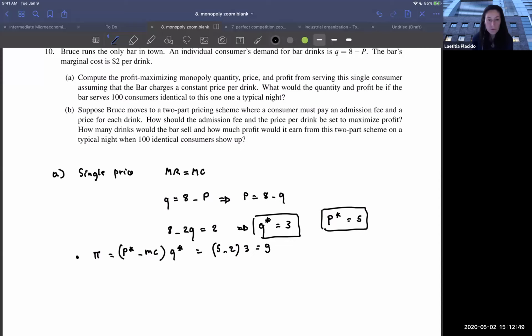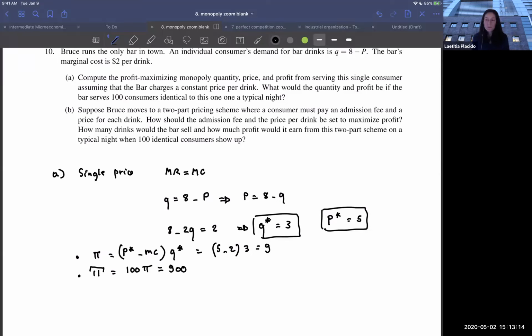That's the profit for any single individual. Then we are told that there are 100 consumers per night. So the total profit is simply 100 times the individual profit. So that's going to be 900.